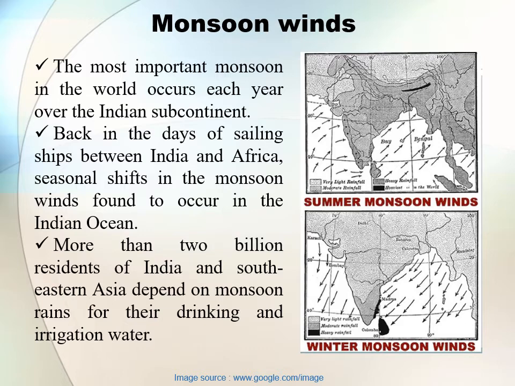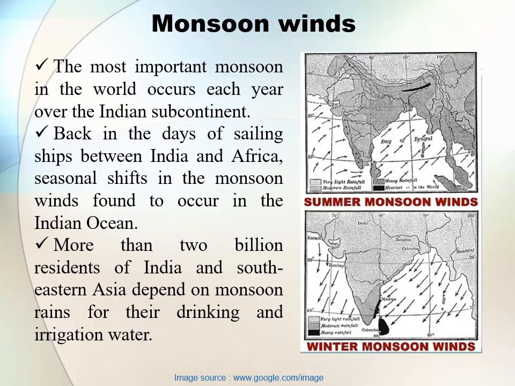So it was found in ancient times, those sailors who sailed their ships for transporting goods from Africa to India or other places found that in the Arabian Sea, in different seasons, the movement of wind is different.